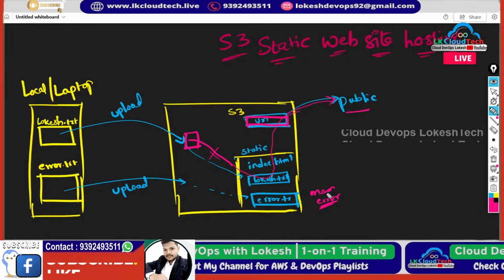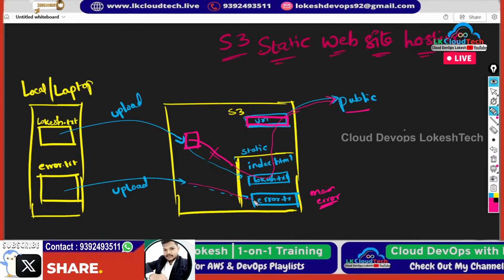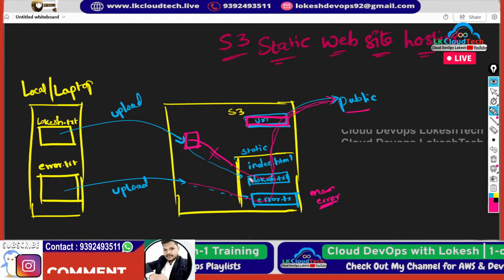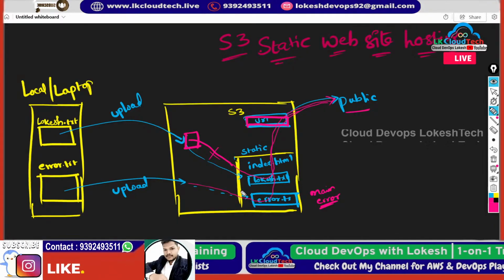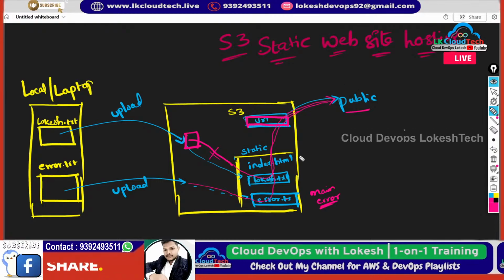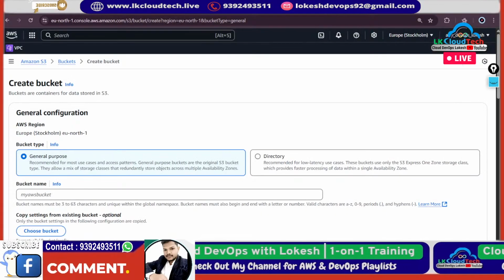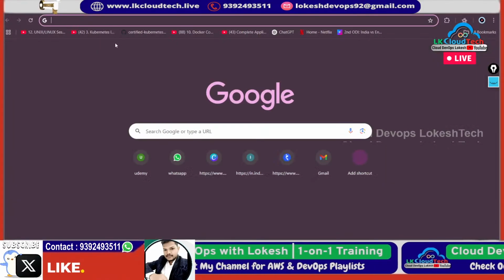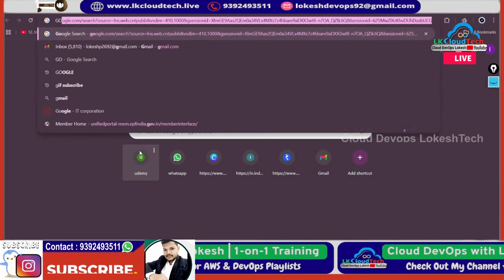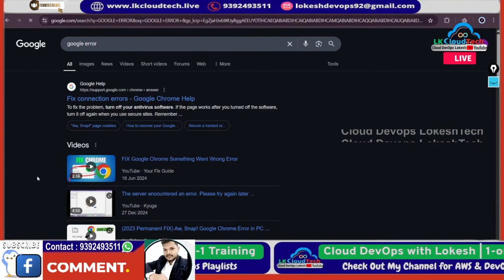It will still go through index.html, but it will display the error file. Like Google, whenever something happens, it displays some error content. And why does it have to go through index.html only?